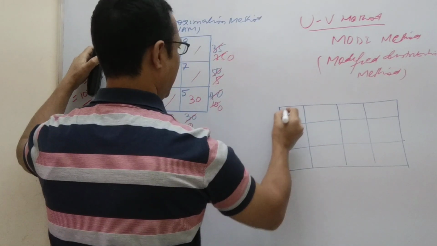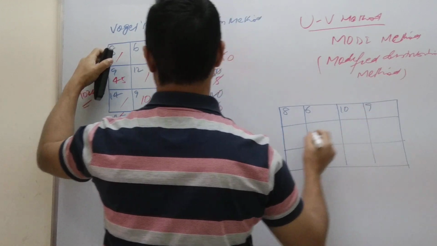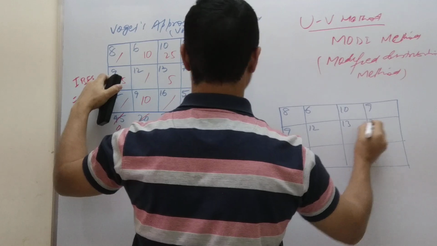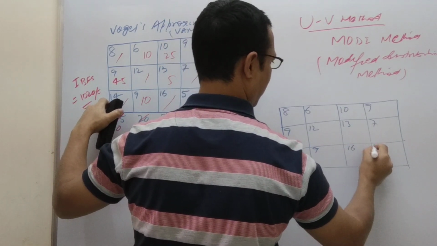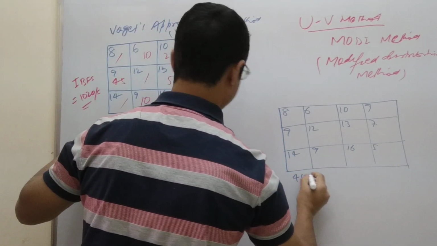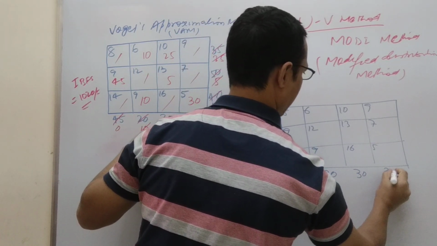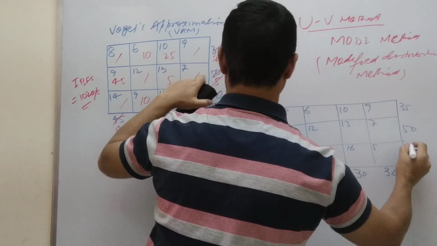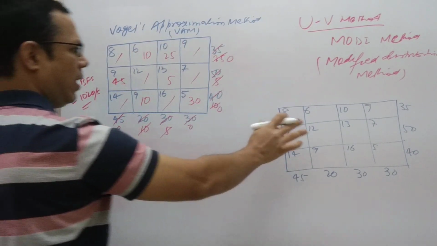First, copy means just copy 8, 6, 10, 9, 12, 13 and 7, 14, 9, 16, 5. These are the costs, per unit cost. Here I have given quantities at demand points, and quantities at supply points. These are the numbers of products. Okay, these are already given.